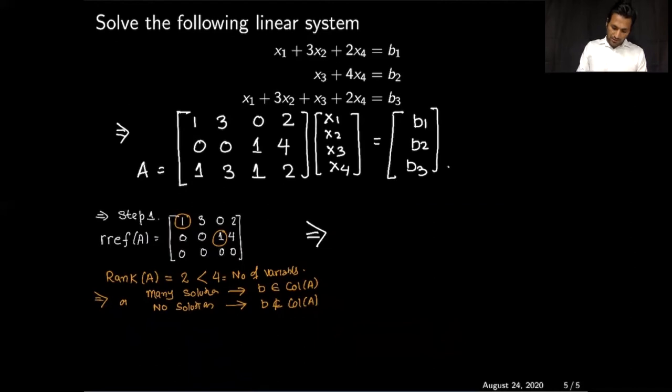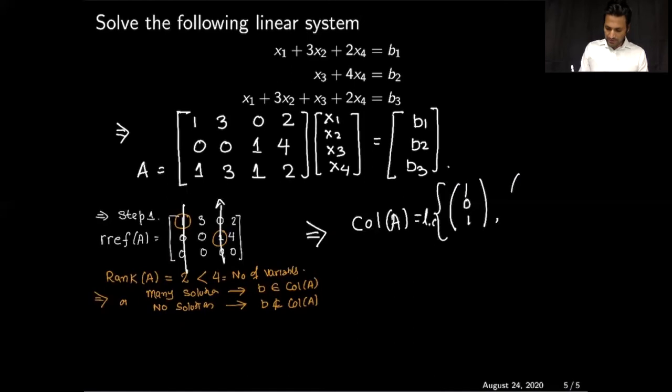Basically, to calculate the column space, you just need to locate the columns which contain the pivots. In this case, column 1 and column 3 contain the pivots. So the column space of A is all the linear combinations of 1, 0, 1 and the linear combination of 0, 1, 1.